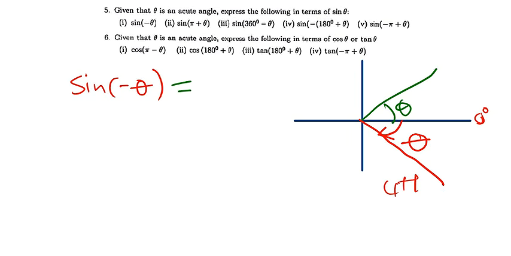Now this angle is in the fourth quadrant. Ask yourself: is sine positive in the fourth quadrant? No, we said all students take calculus. So cosine is the one that is positive in the fourth quadrant. So the answer therefore is negative sine of theta.